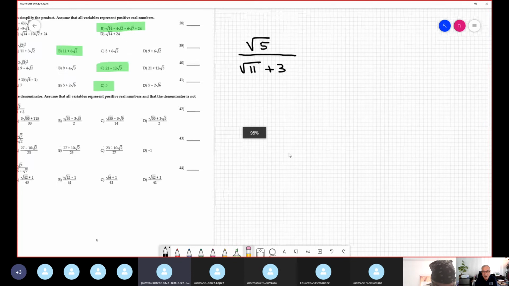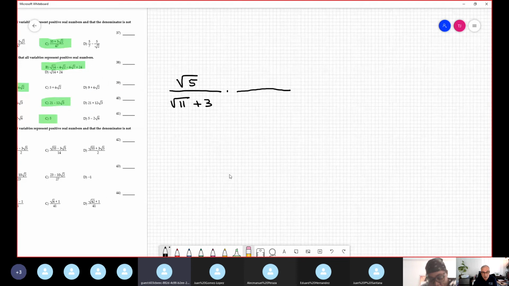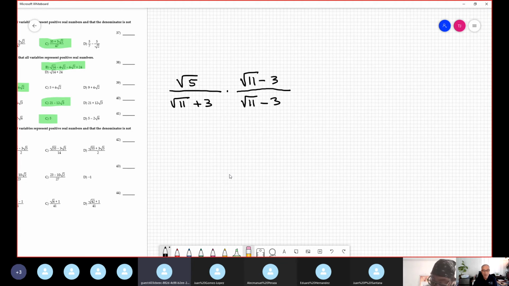Remember, the idea is clear. Always the procedure is the same. You create one smart one is formed by the conjugate of the expression in the denominator, like that. This is our smart one.